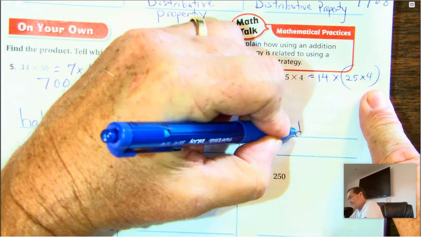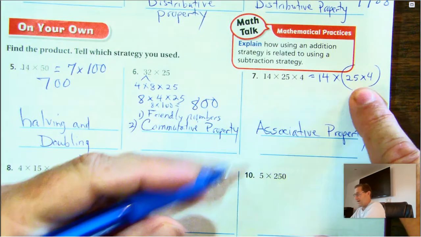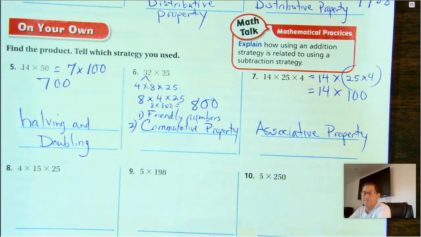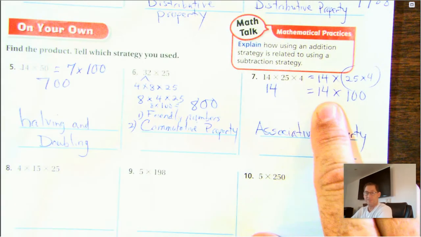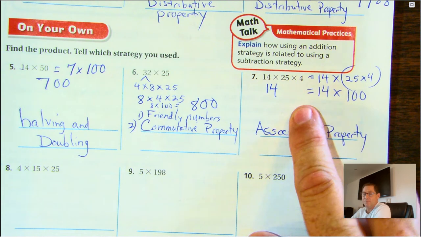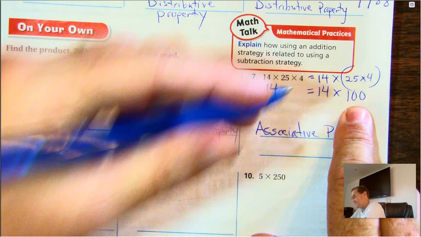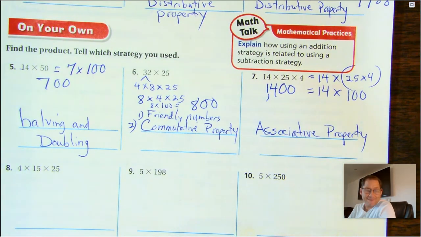Because I know that that's an easy problem to do in my head. 4 25s is 100. So what is 14 times 100? Well, 14 times 1 is 14, right? 1 times any number is that number. And I'm going to put the 2 zeros from the 100. So 1,400. Okay, number 8.